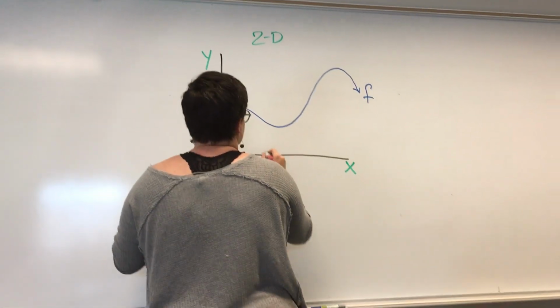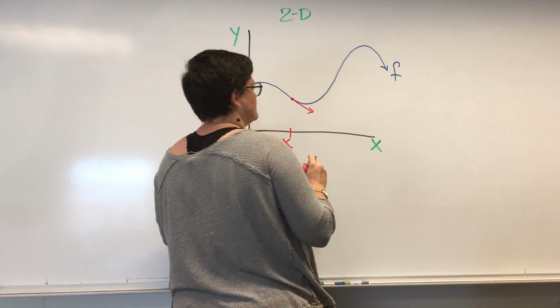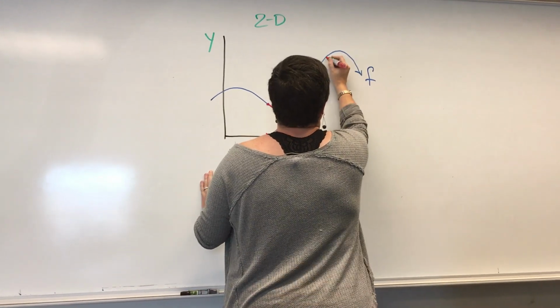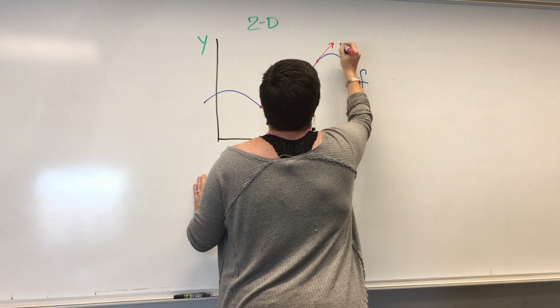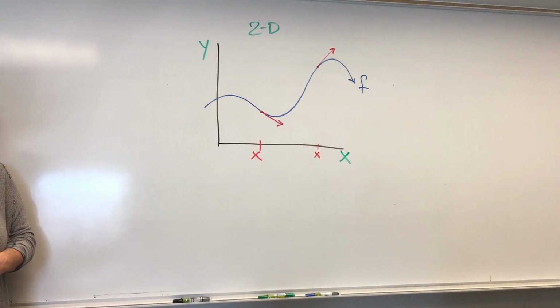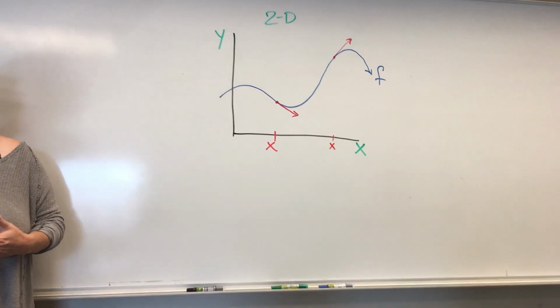And if you plug a specific x in, you get a specific slope out, because that's what we do when we mess with derivatives. Plug an x in, get a slope out.